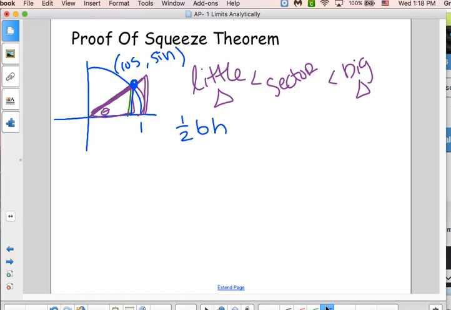Looking at just this little triangle, what is its base? What is its height? Here's its base. Is that an x or a y value? X. If we're on a unit circle, what does x stand for? Cosine. So our base is whatever that cosine value is. What would its height be? Sine of theta.